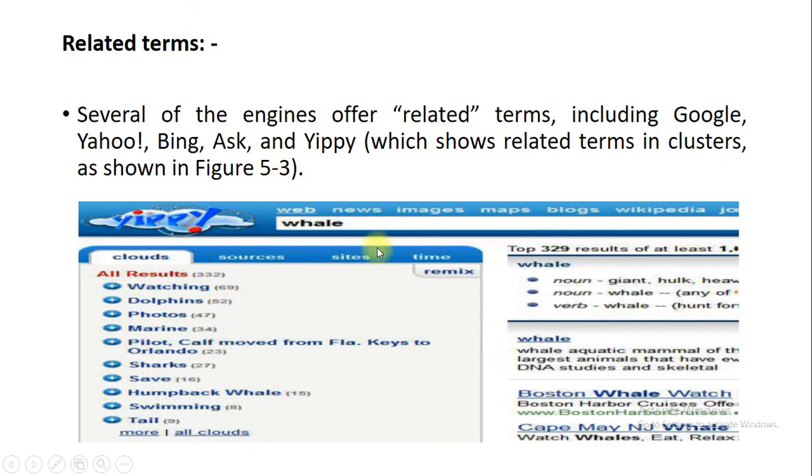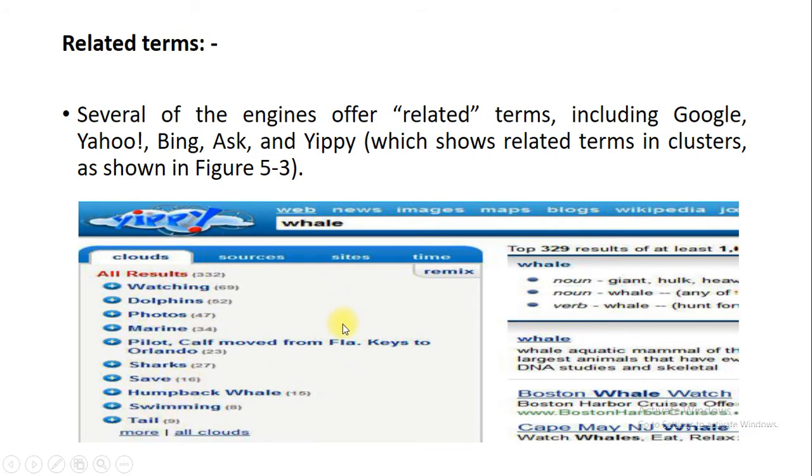Over here you can see we have typed whale. So you are getting related search terms with whale also. In Yippee, this screenshot shows results related to dolphin, watching, photos, marines, shark, save, swimming, tail.